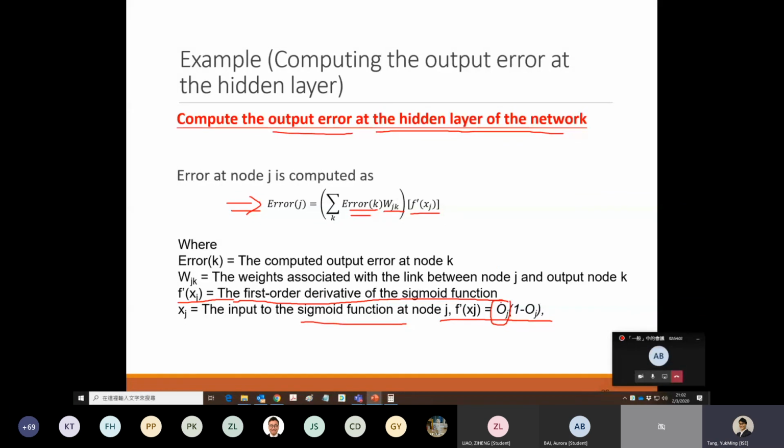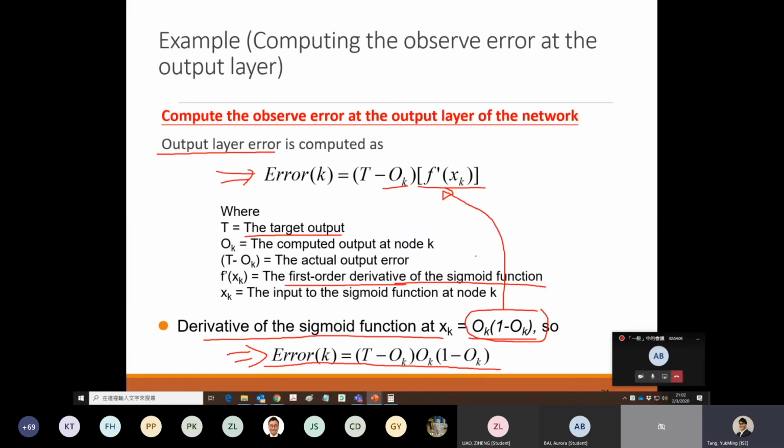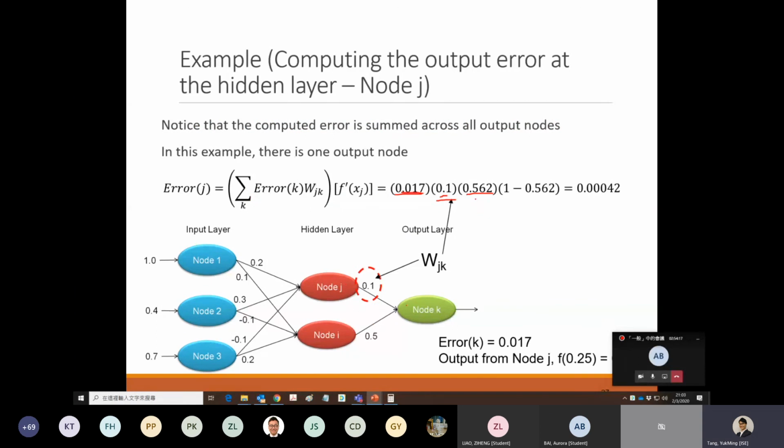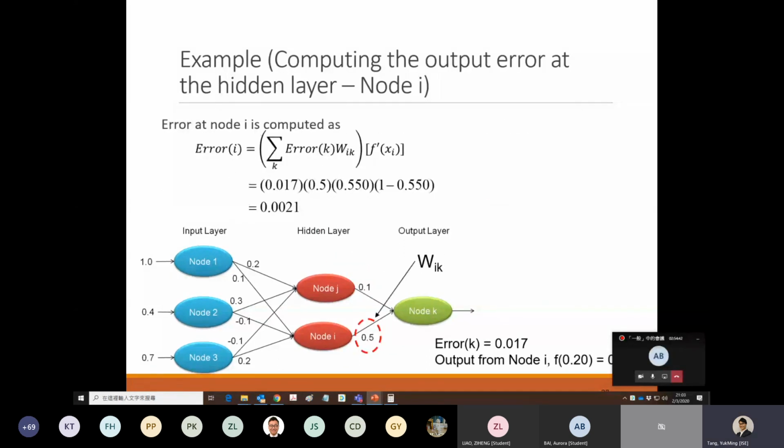Still remember what OJ is? OJ means the output value of loop J, which we just calculated is equal to 0.562. So this is 0.562 times 1 minus 0.562. By using this equation, we find that the error for loop J is equal to 0.00042. Similarly, we also need to calculate the error for loop I using the same equation, and finally we find that the error for loop I is 0.0021.